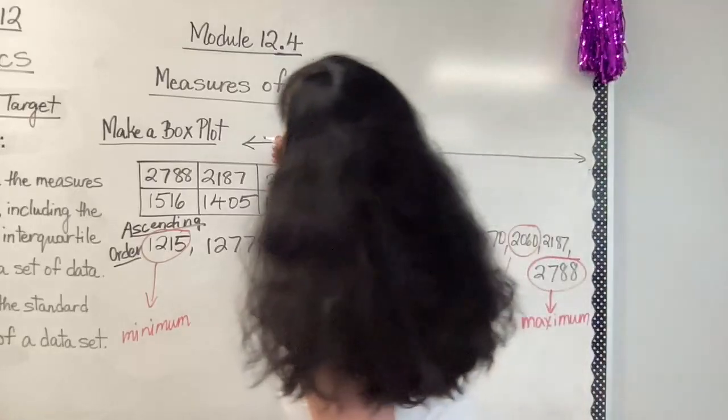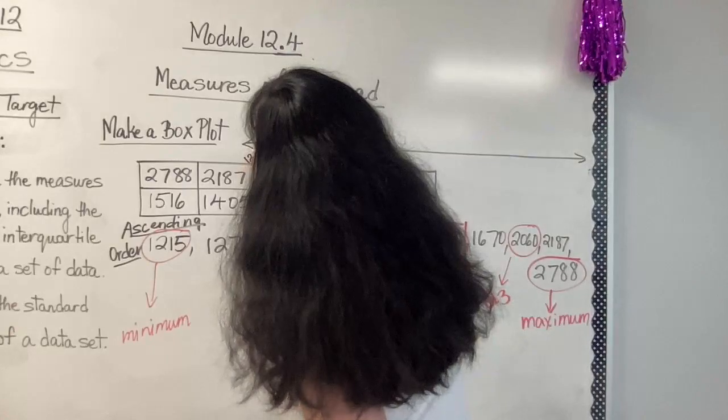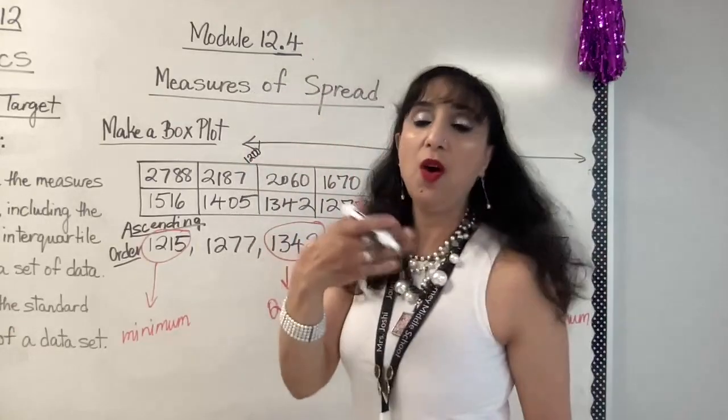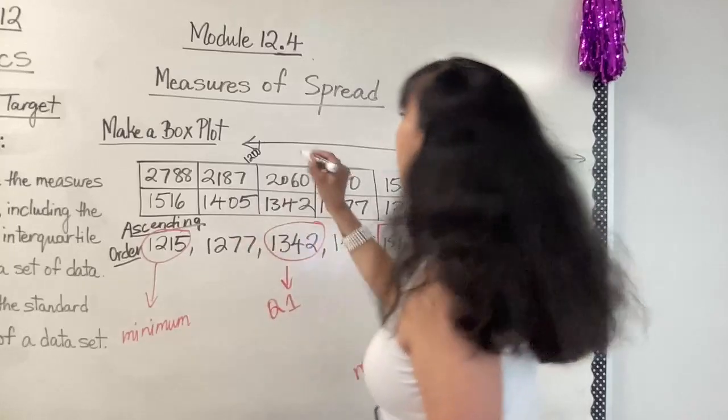So I'm going to start with 1200, and then I'm going to go in hundreds so that everything fits in here.